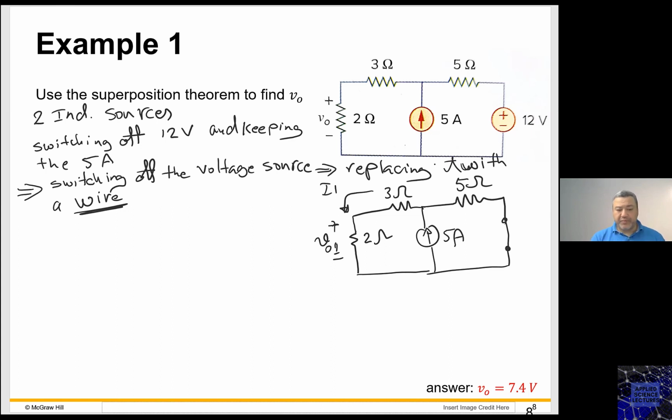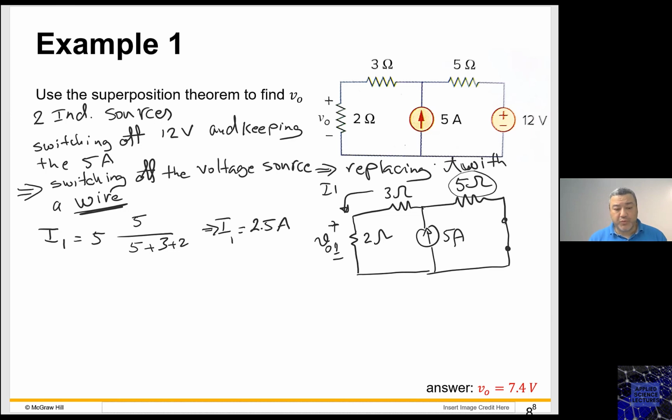If you look at it by inspection, you should be able to know how much is the current, because I have a 5 ohm on the right side and a 5 ohm on the left side, which means that the 5 ampere is going to split into two equal currents. But just to show you, using the current division as a general case, I1 equals 5 times the other resistor, which is 5, divided by 5 plus 3 plus 2, and I1 is 2.5 ampere.